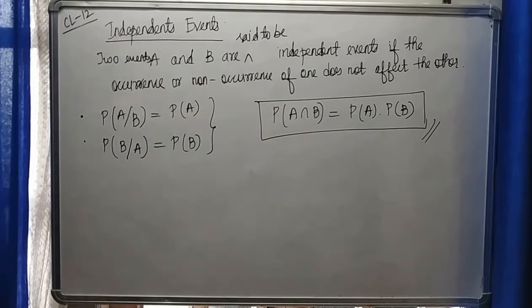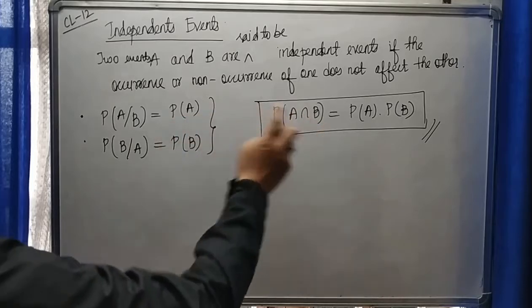Okay, to understand it more clearly, mathematically, in terms of probability, how will I check whether A and B are independent events or not? By using these two formulas.